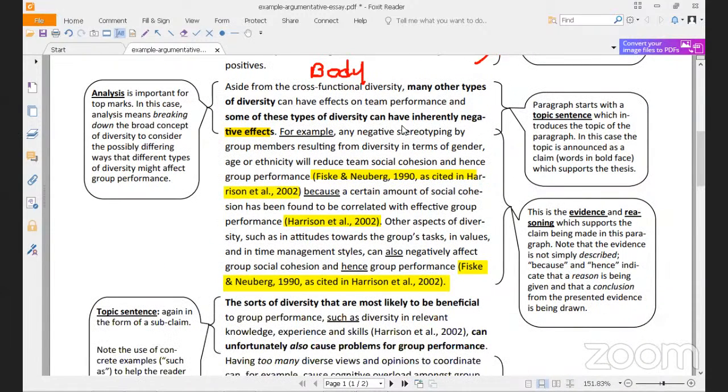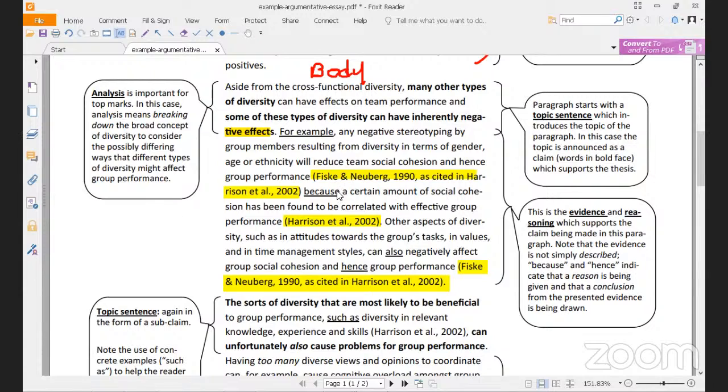Okay. Now, we have some words underlined. For example, because, also, hence. How do we call these words? Do you remember? For example, because, also. Do you remember how do we call them?